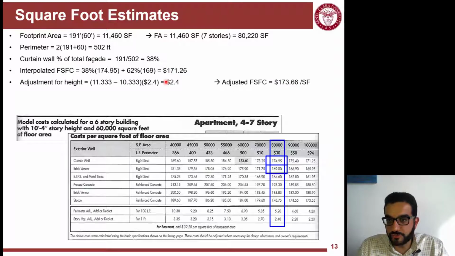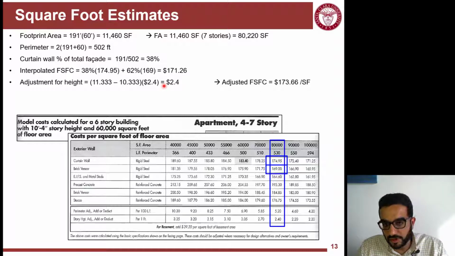Next thing is to adjust for height, because I see here this is a 10-foot 4-inch model, but my building is 11-foot 4-inch. So it's 1 foot difference. If I look here, for every 1 foot difference, I add $2.4 per square foot.